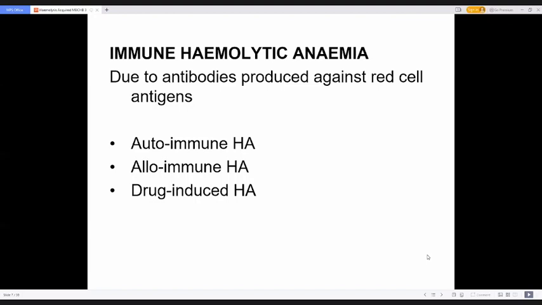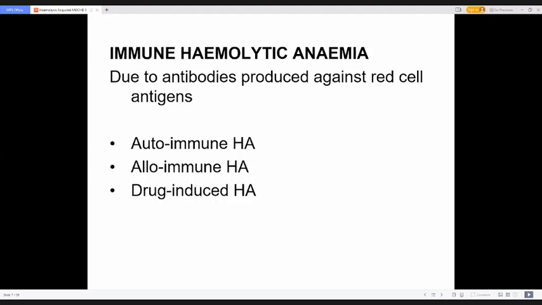Now, then there is drug-induced hemolysis, which does not produce autoimmune antibodies, but what happens is that when you take certain drugs, these drugs can form carrier proteins, or they attach themselves onto the red cells.